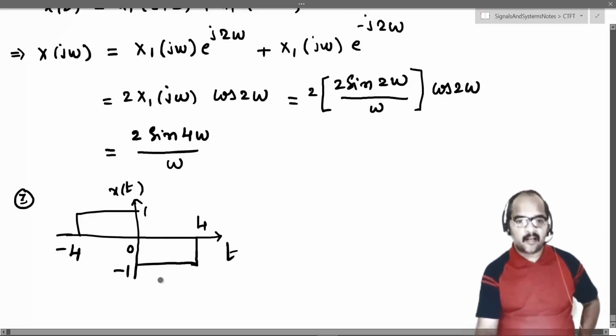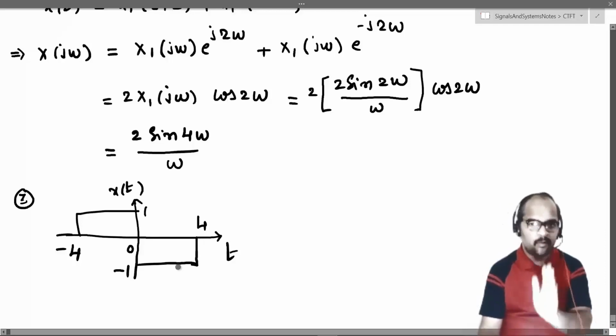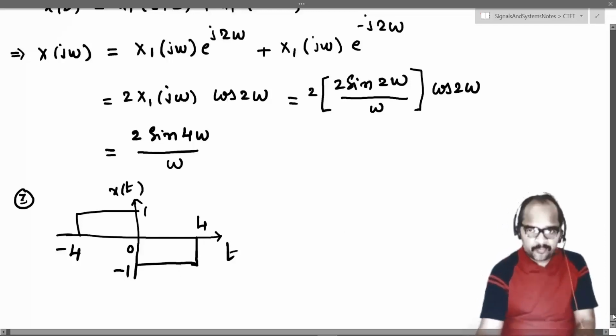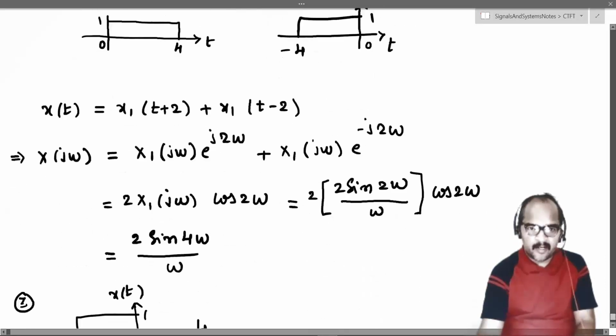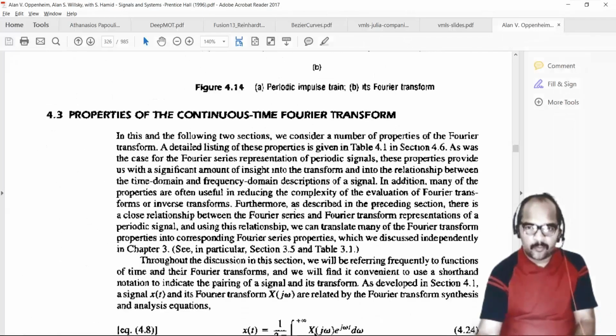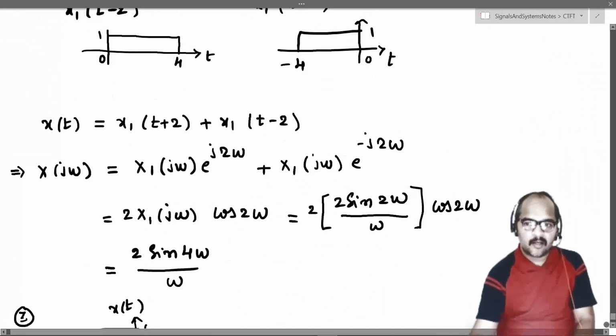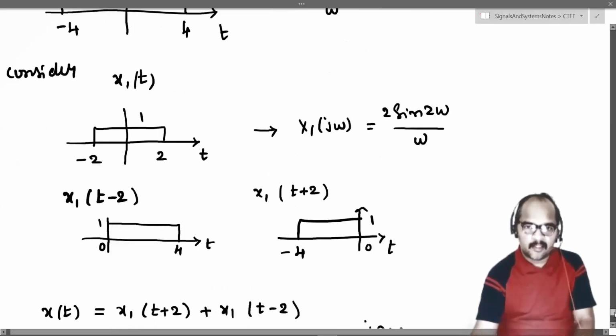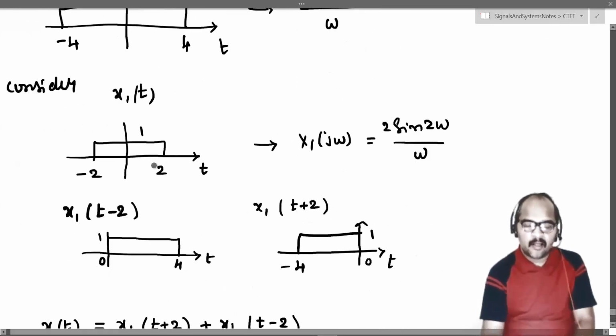We can relate this signal to the previous signal. There we defined x1 of t as a rectangle from -2 to +2.